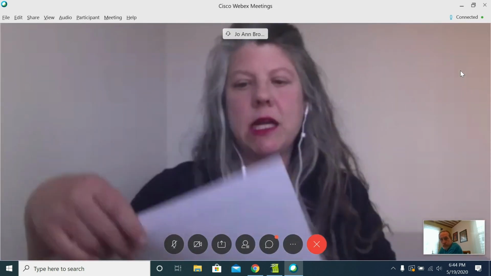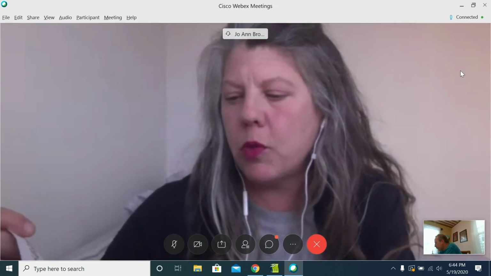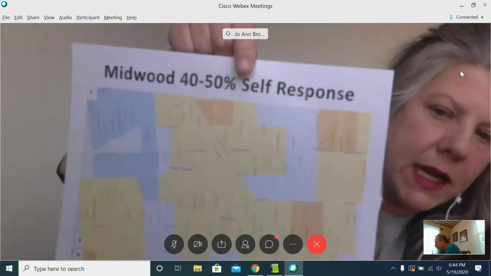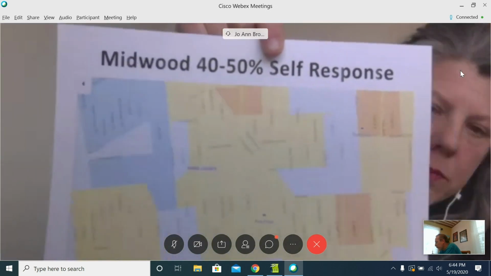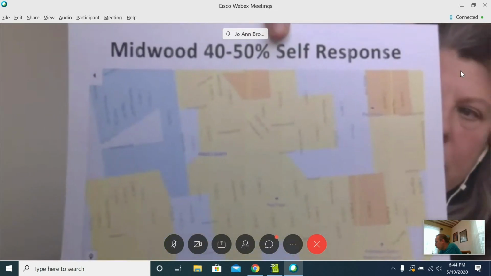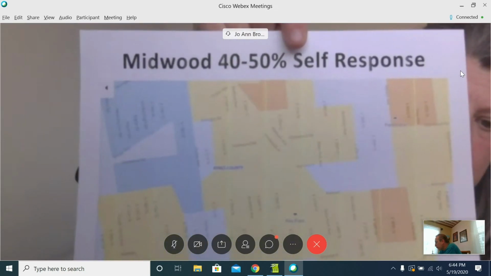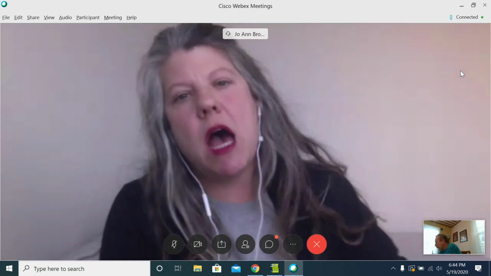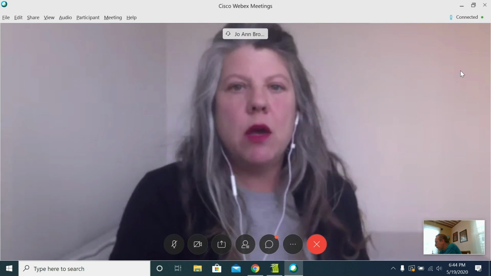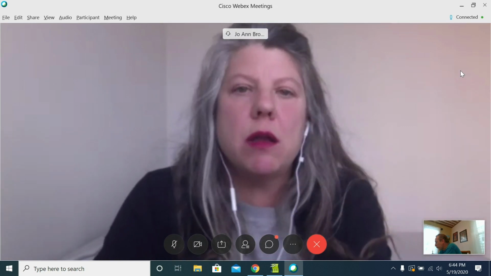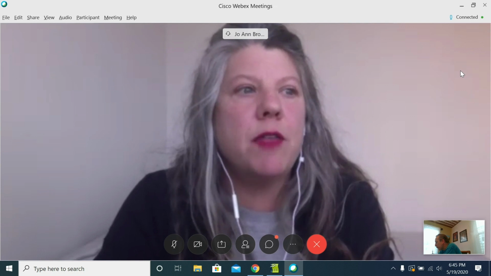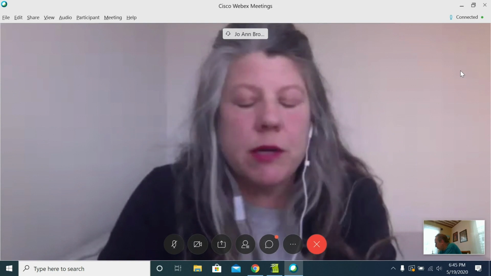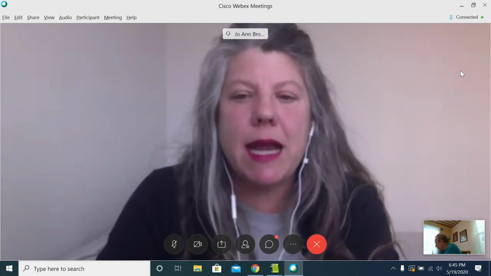And then lastly, a little bit better, at the upper border of Midwood, between Midwood and Flatbush, we're doing 40 to 50%. This is better than the two other areas, but we could really use some attention and outreach from our nonprofits, our friends, our families, our neighbors, however we can connect at this time when we're disconnected in person, and all of the interventions that were planned by our nonprofits, these in-person meetings just can't happen.